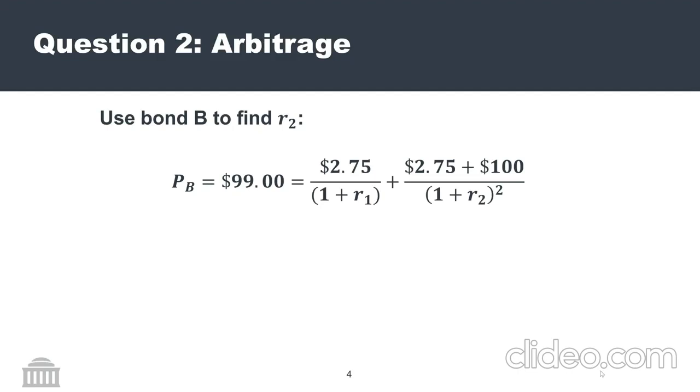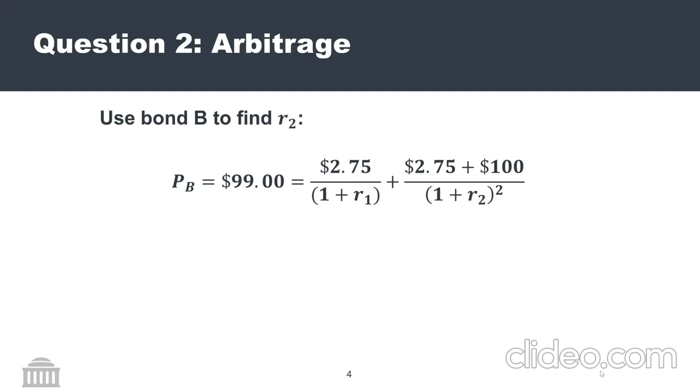So therefore, the dollar value of the annual coupon that this bond pays is $2.75. So we take the first coupon and we discount it to present at the 1-year spot rate, R1. And we take the second coupon and the face value, which we get at the end of year 2, and we discount it to present at R2, which is the 2-year spot rate. So the goal is to solve this equation for R2.